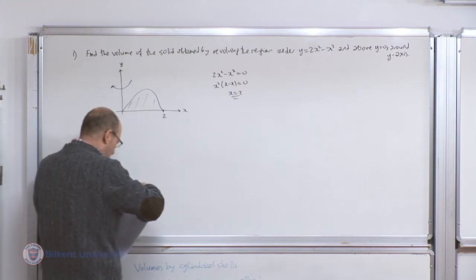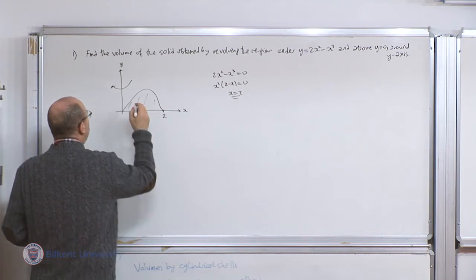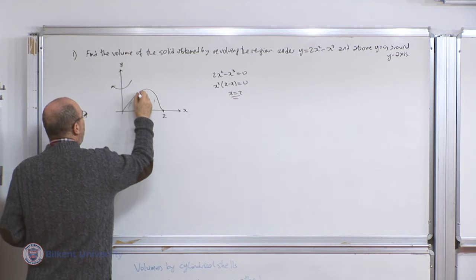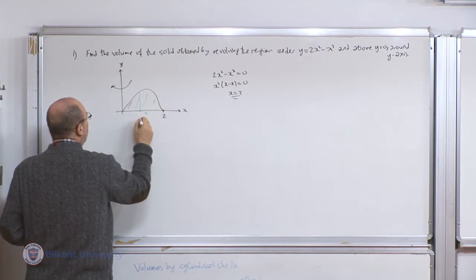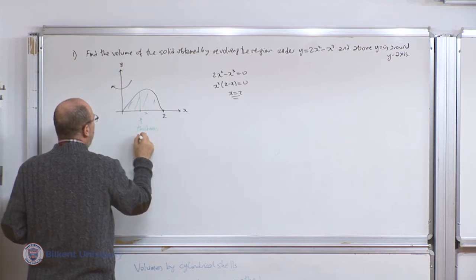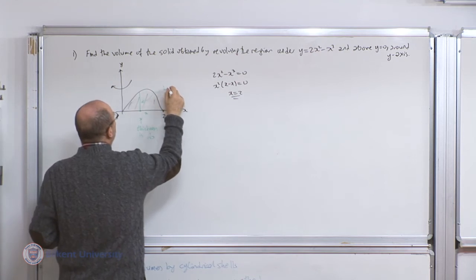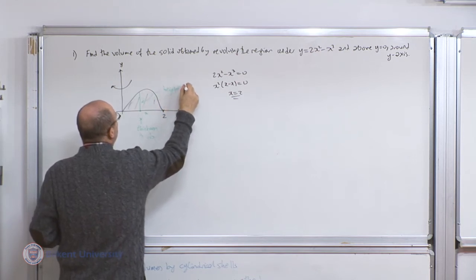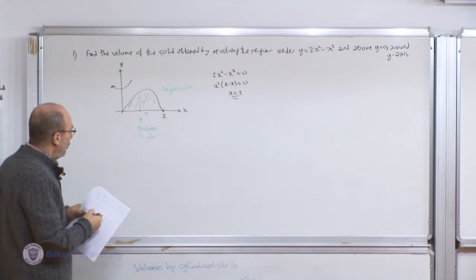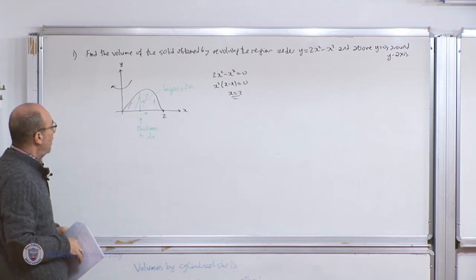Let me solve this problem by demonstrating what we are doing. At a given point x, we have this height and we have this thickness. Here the thickness is dx, and the height is f of x.